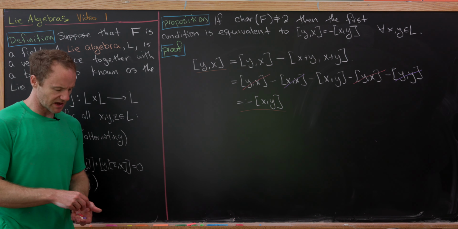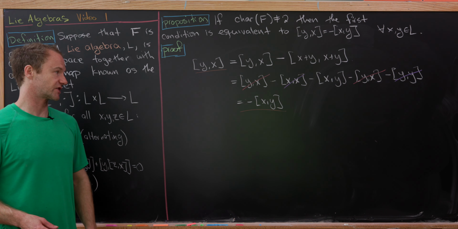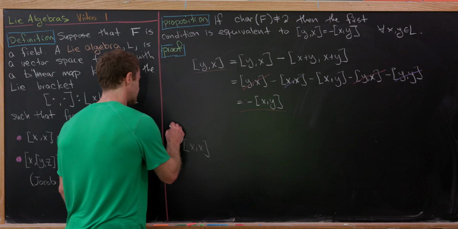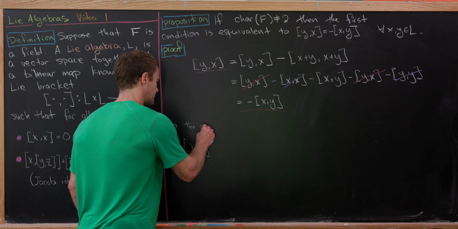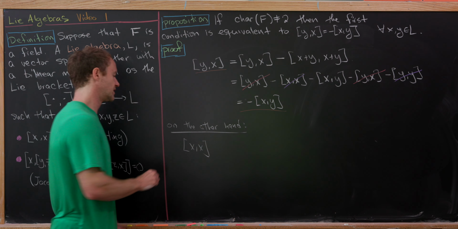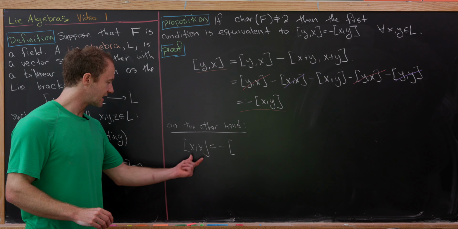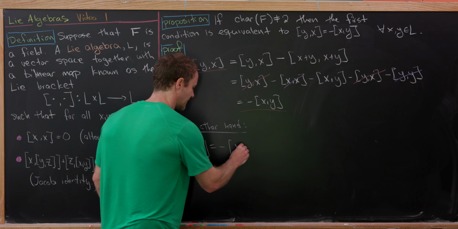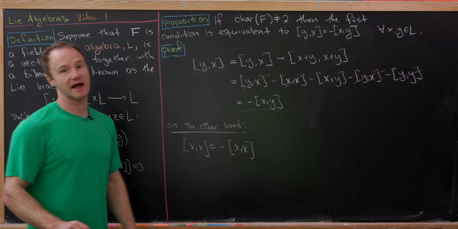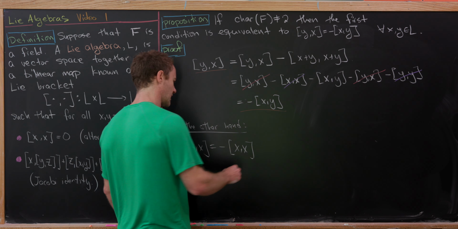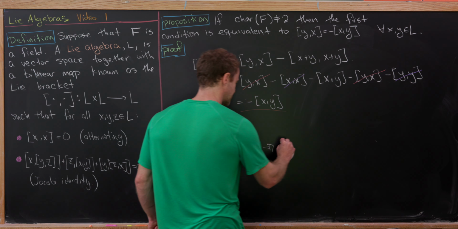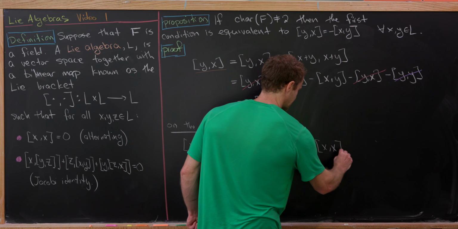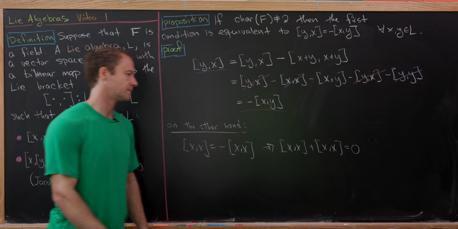But now let's try to prove the other direction. That's actually pretty straightforward because if we take bracket xx, so let's put here, on the other hand, meaning in the opposite direction, bracket xx, that's equal to negative what we get if we switch the entries here. But swapping the entries, we get the same thing. So we get negative bracket xx. But now let's notice that that means that bracket xx plus bracket xx is equal to 0.